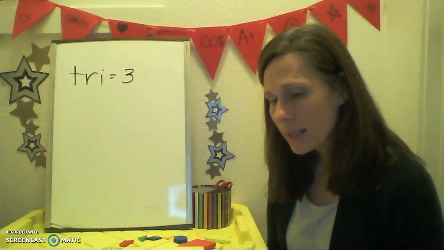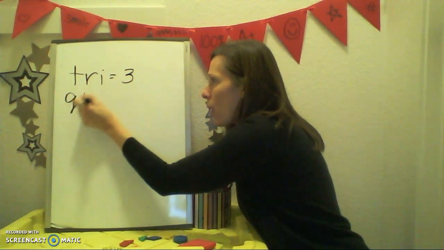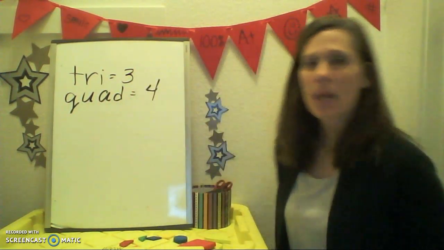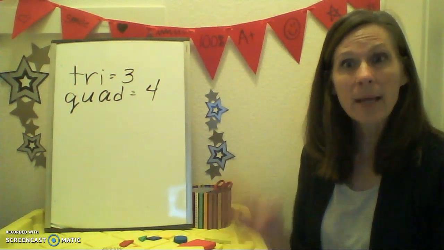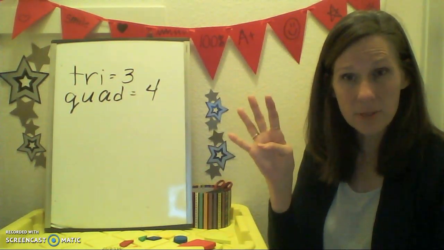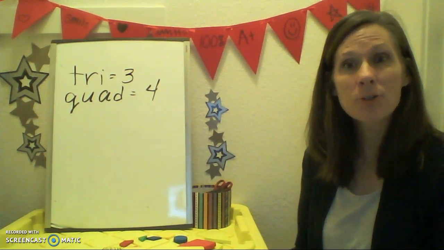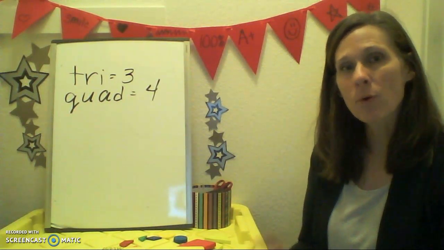Another one that we're going to talk about really quickly is quad, and quad means four. When we hear the word quad, you might be thinking of a quad runner that has four tires. There are many shapes that we would call quadrilaterals, shapes that have four angles or four sides.